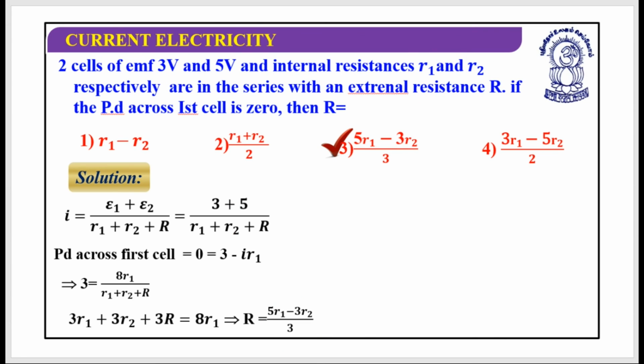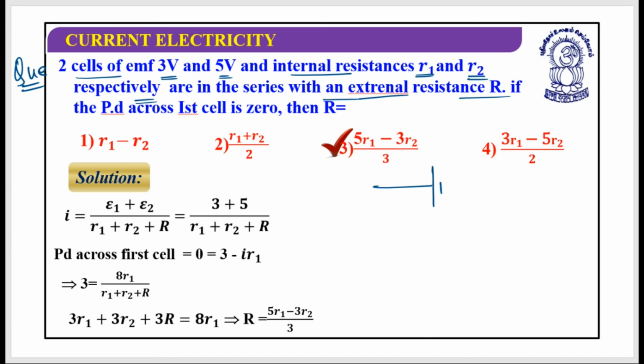Let's have a look at the next question. It says that two cells of EMF 3 volt and 5 volt and their internal resistances R1 and R2 respectively are in series with an external resistance of R. If the potential difference across the first cell is 0, then find R. It is the same question that we did 2 to 3 questions before.